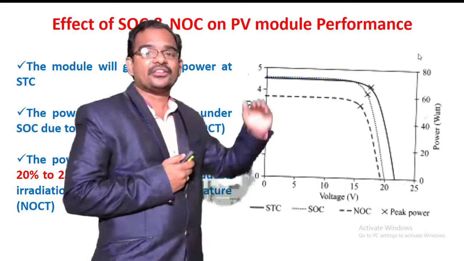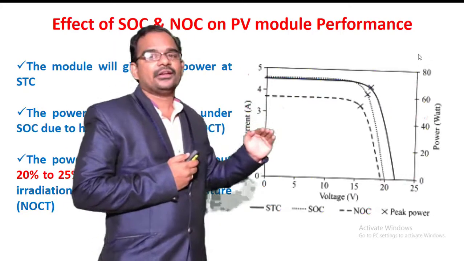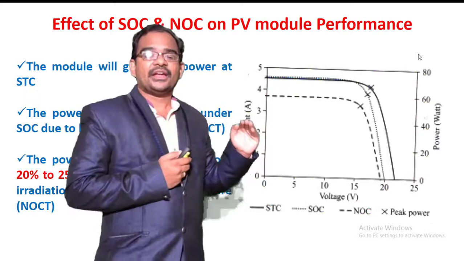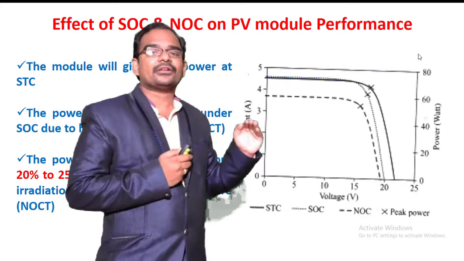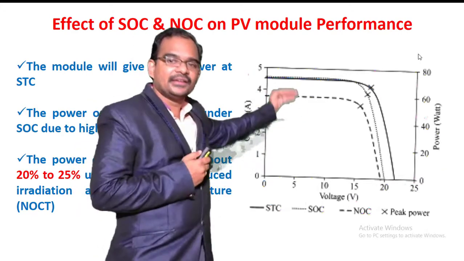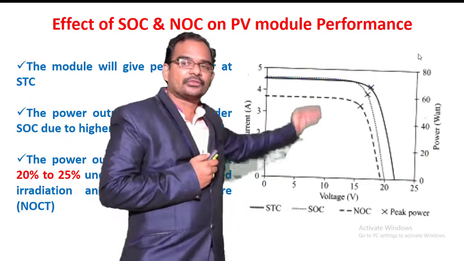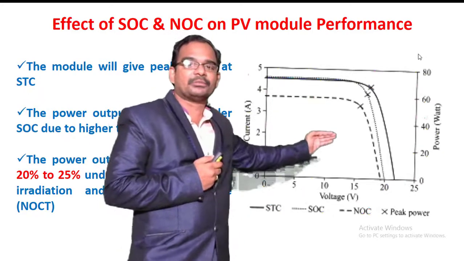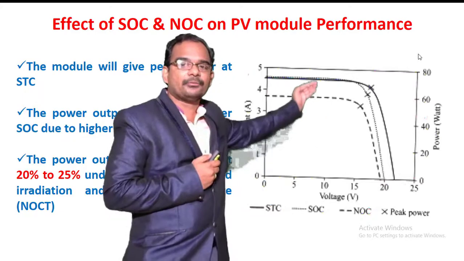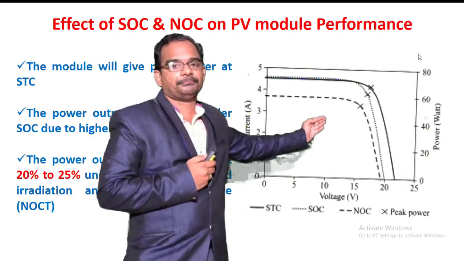You have reduced the solar radiation intensity. When the solar radiation intensity reduces, the short circuit current is reduced, because the solar radiation intensity and the short circuit current are directly proportional. As the radiation intensity decreases, the ISC decreases. On the y-axis you can see the radiation has decreased from 1000 watt per meter square to 800 watt per meter square, and the ISC has decreased from 4.5 amperes to 3.9 amperes.